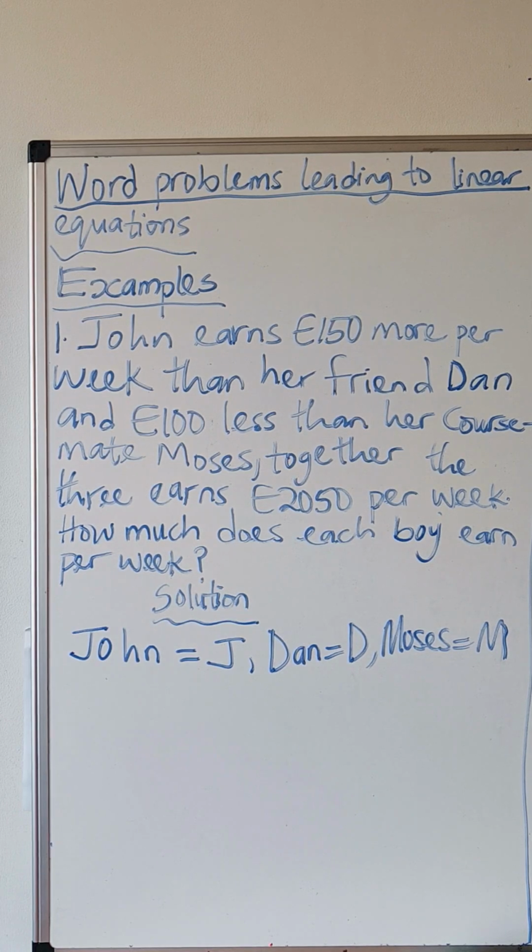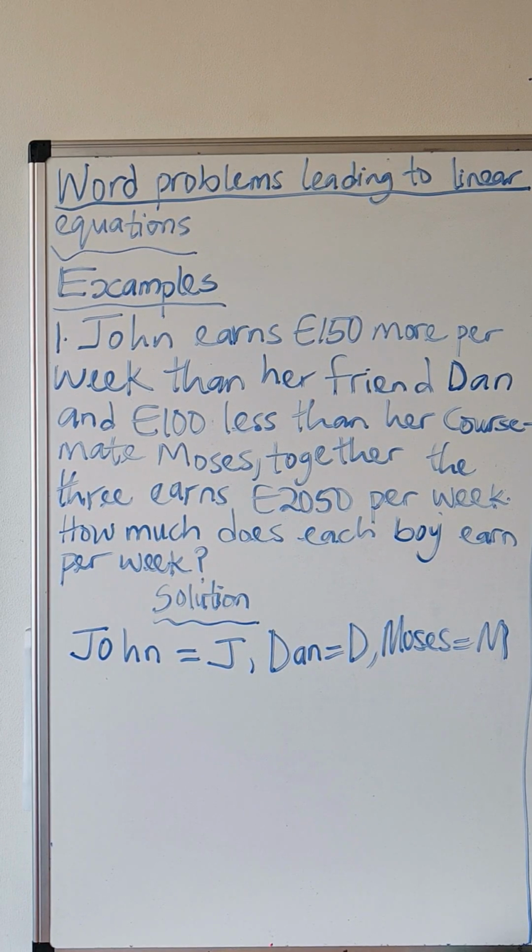These three boys have a relationship between their earnings, and it's this relationship that gives us the linear equations we're going to work with to find how much each of the boys earns per week.